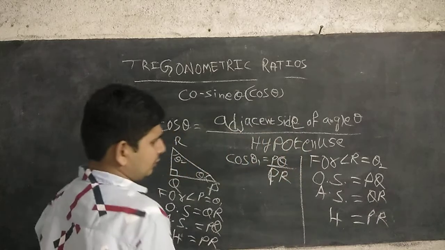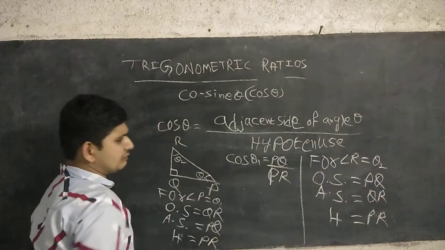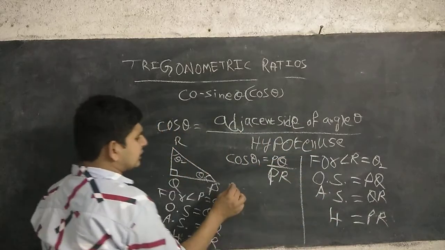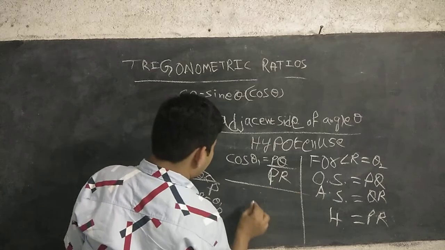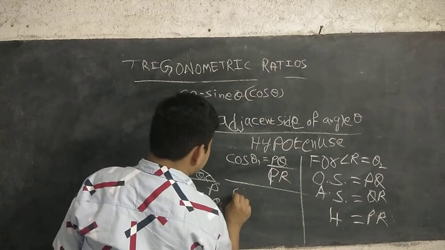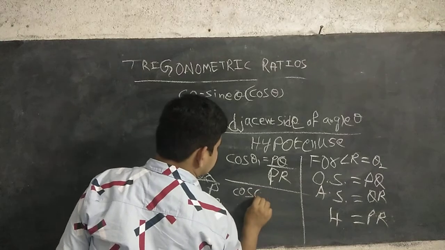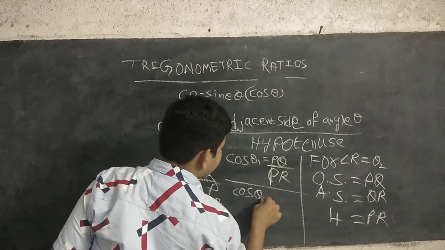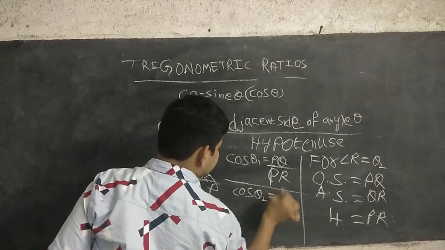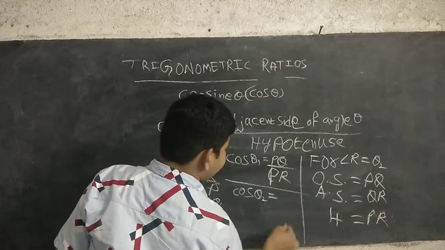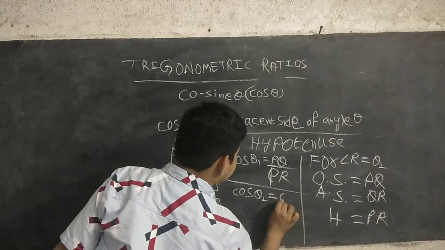Now, for angle theta 2, cos theta 2 is defined as QR by PR.